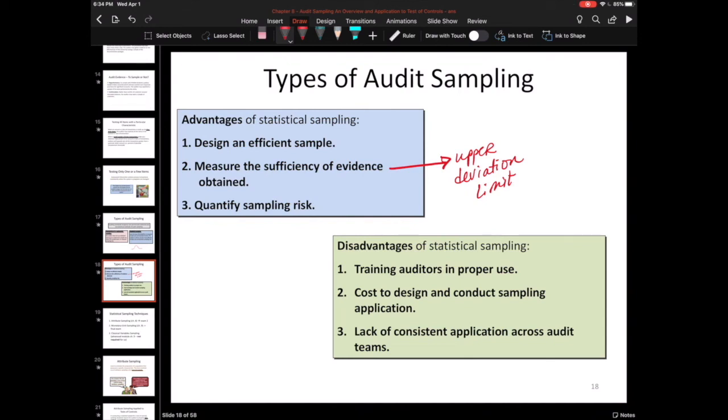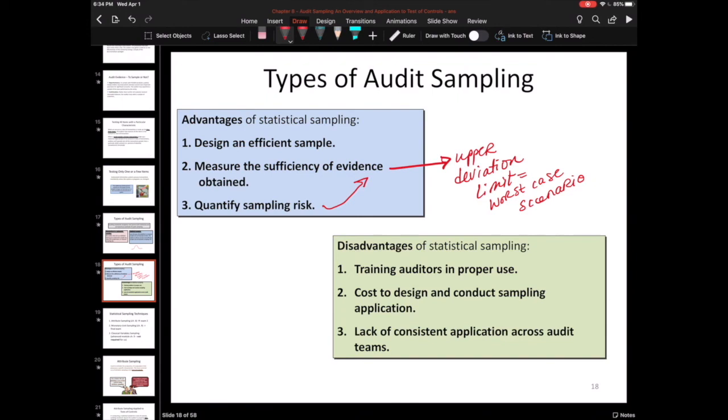The upper deviation limit essentially represents the worst case scenario for how often a control is failing or going wrong. And it also lets you quantify sampling risk, which goes into this idea of the upper deviation limit, because you use the quantification of sampling risk to help calculate your upper deviation limit.